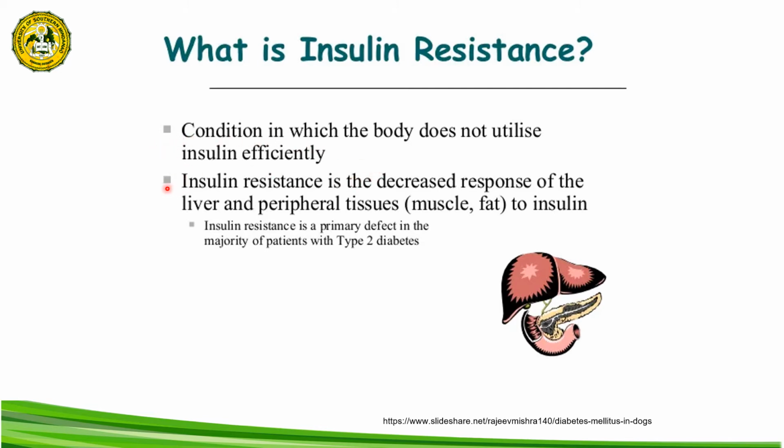Insulin resistance is the decreased response of the liver and the peripheral tissues, such as the muscle and the fat, to insulin. Insulin resistance is a primary defect in the majority of patients with type 2 diabetes.